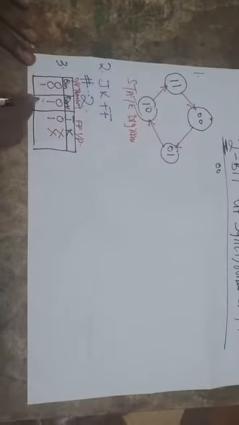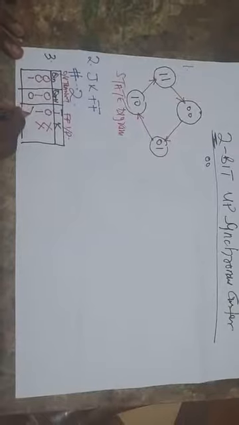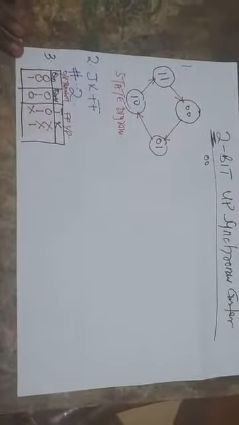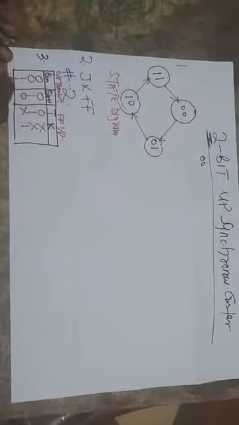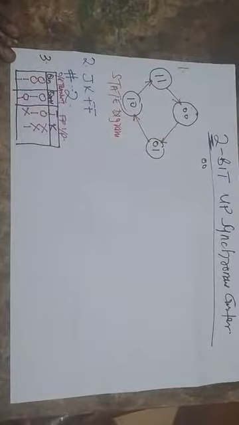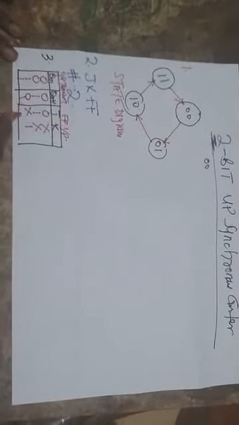If the present state is 1 and the next state is 0, J is don't care and K is 1 because we are resetting it.